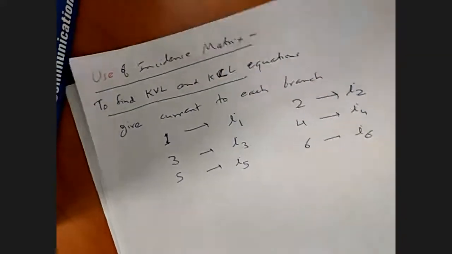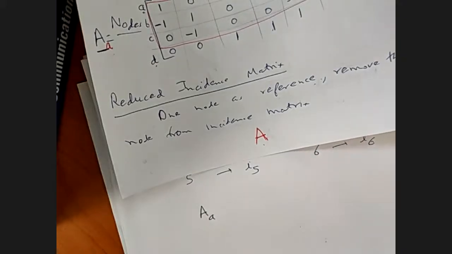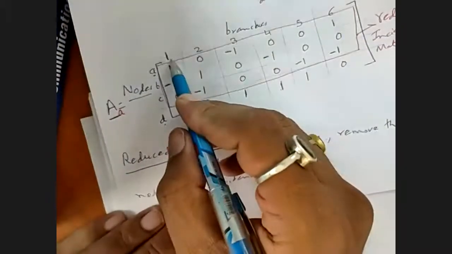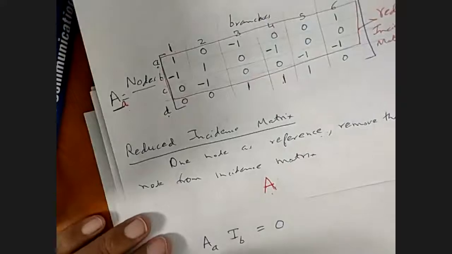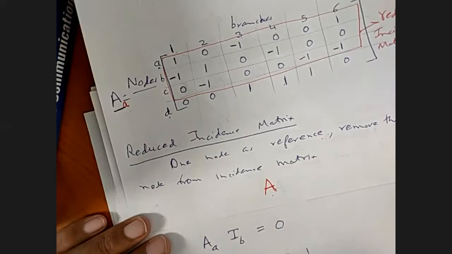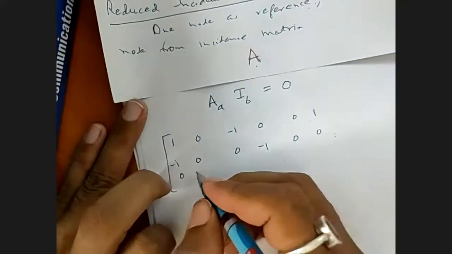So what happens with the incident matrix? If you multiply the incident matrix with the currents, it will give you 0. Very simple. The incident matrix is 1 0 -1 0 0 1 -1 0 0 -1 0 0, the same one we just made, rewritten.